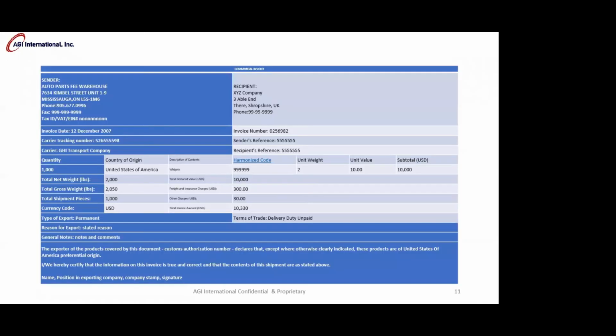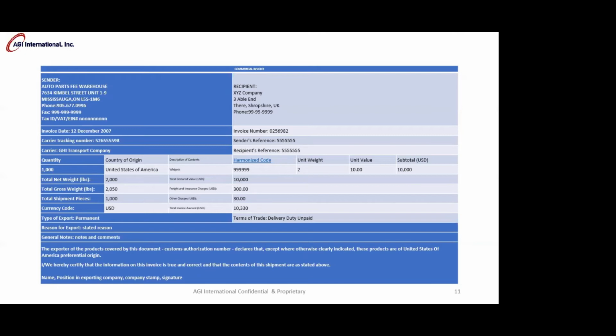Okay. This happens to be a copy of a standard invoice, all right? It talks about who the sender is, their name, address, telephone number. It gives the invoice date, the carrier tracking number, who you've agreed is going to move this product. It gives you the carrier's name. It gives you the quantity.